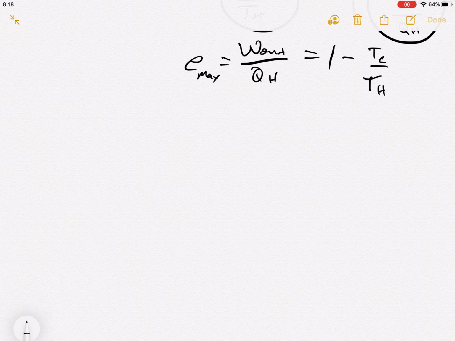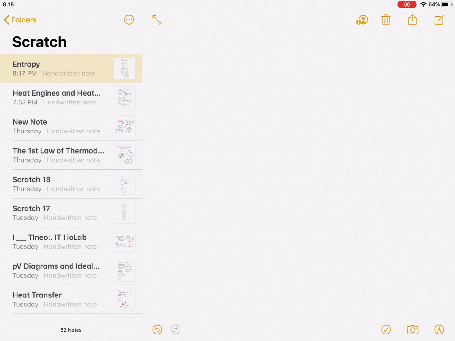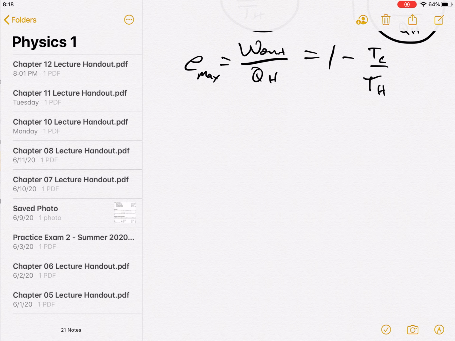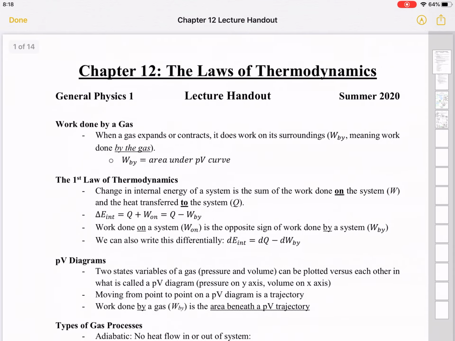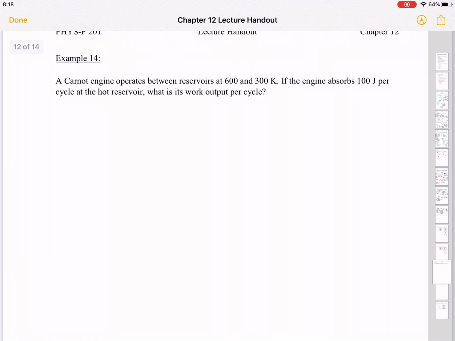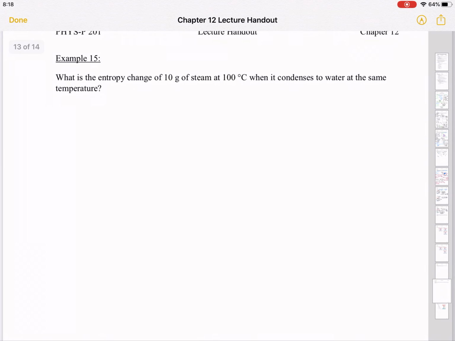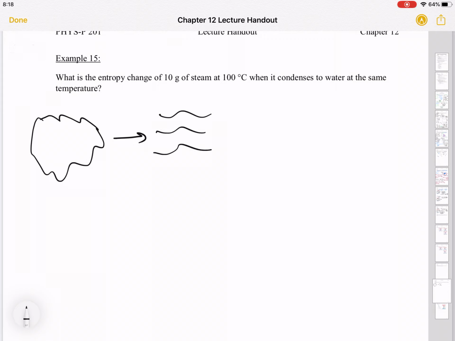So let's do an example. What is the entropy change for 10 grams of steam at 100 C when it condenses to water at the same temperature? Okay, so we're taking steam, and condensing it to liquid water.